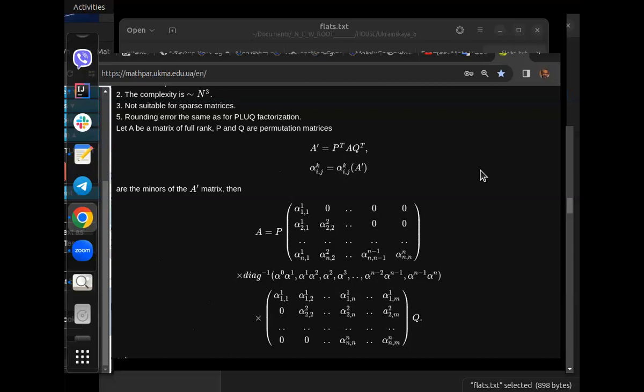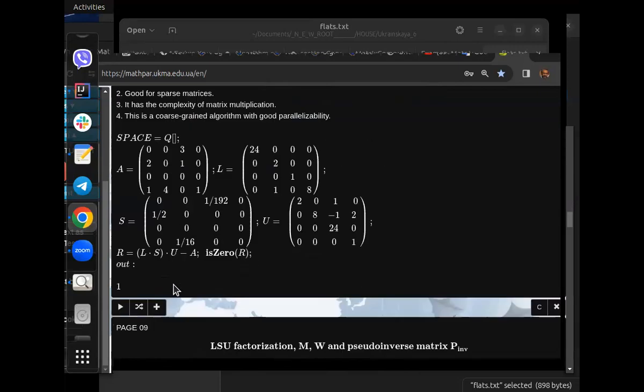Then at the end we can construct such a matrix A prime, and then all the minors, alpha ijk, are minors of these prime matrices, not of the initial matrices. Then we can write the decomposition in the same form, but all the elements are minors of these new prime matrices.